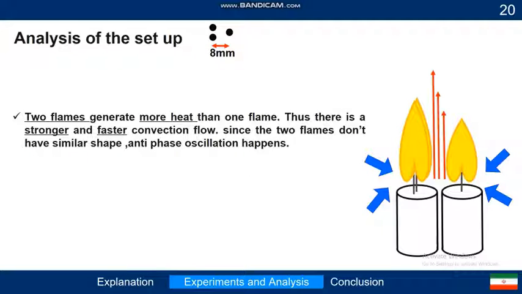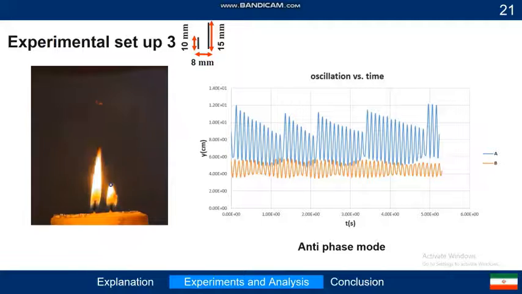We can say that because two strands make more heat, they burn faster and stronger, so it causes disorder in the shape of the flame, and we can see anti-phase oscillations.